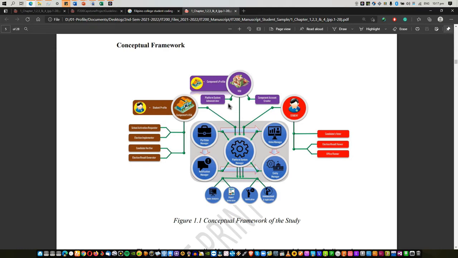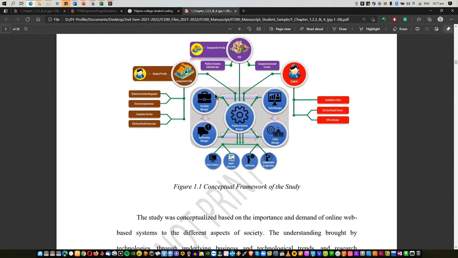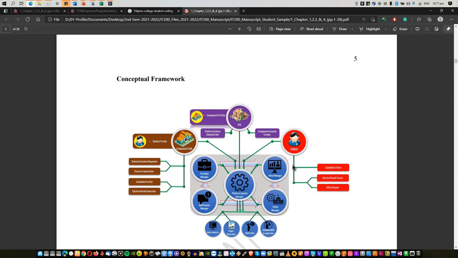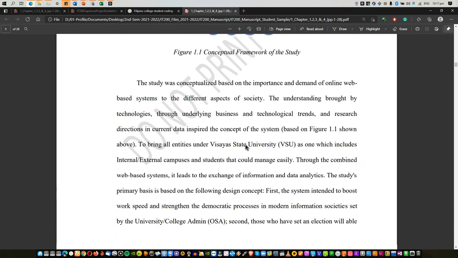So, there's no rule here as long as you can express your idea. Okay, then you explain what is meant by your diagram, what is meant by your conceptual framework.